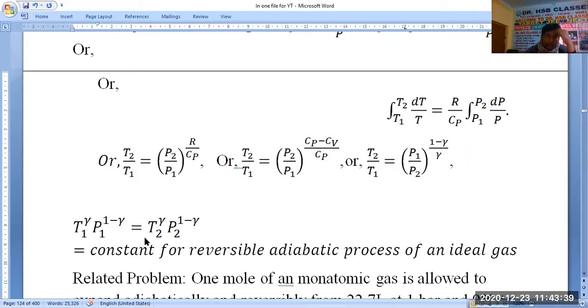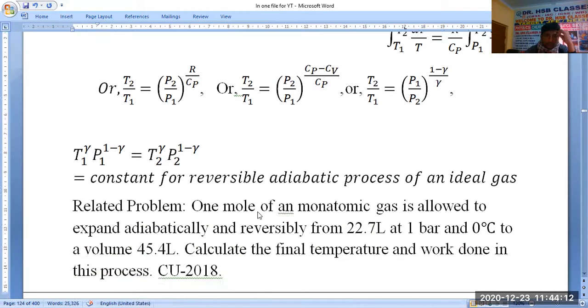So T1 to the power gamma P1 to the power 1 minus gamma equal to T2 to the power gamma P2 to the power 1 minus gamma, or T1 P1 to the power 1 minus gamma by gamma equal to T2 P2 to the power 1 minus gamma by gamma equal to constant.